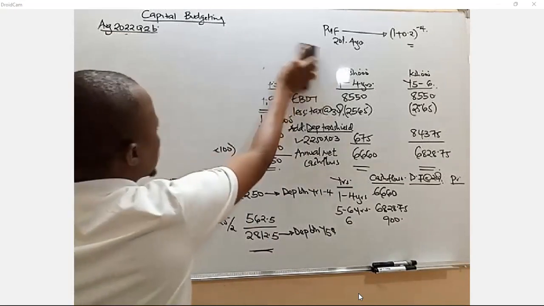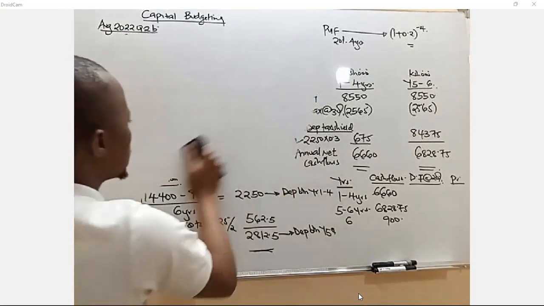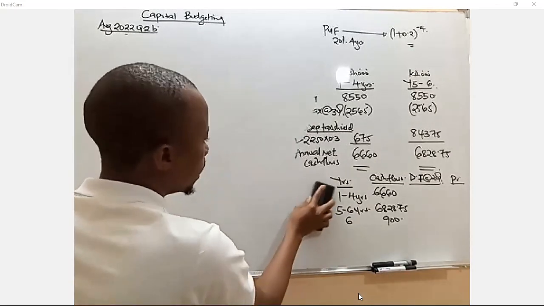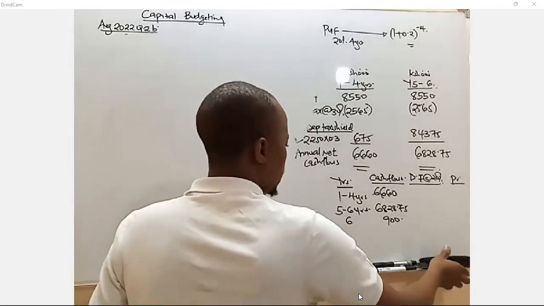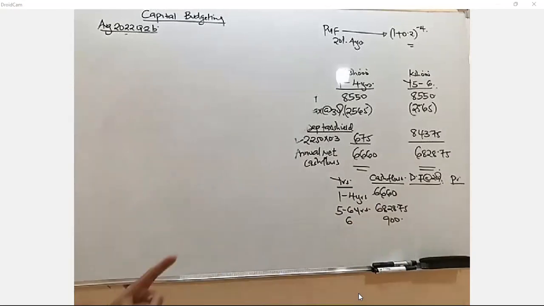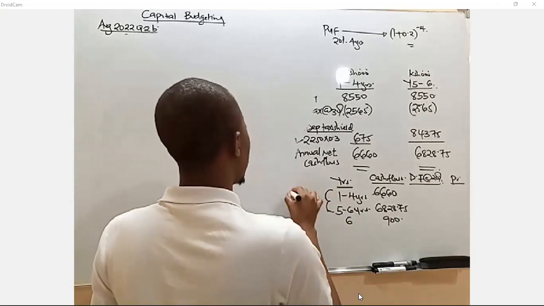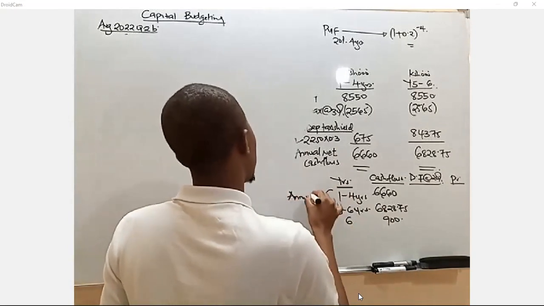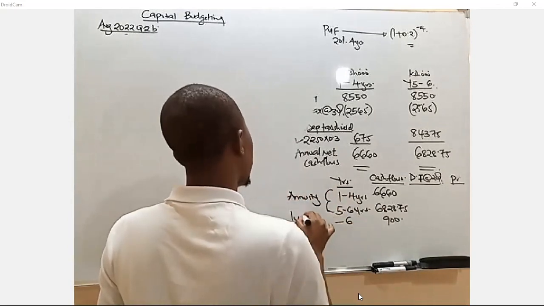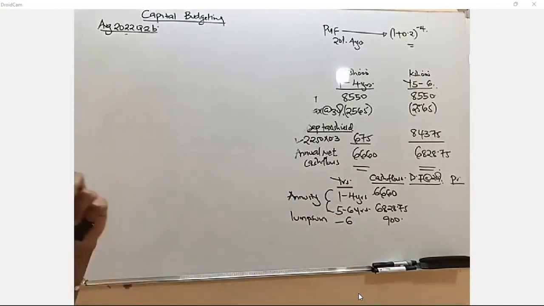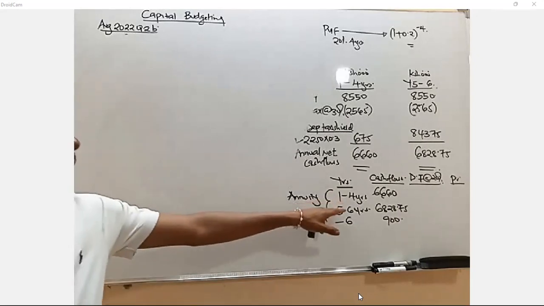When you are discussing 1 to 4, it means it is an annuity concept, which allows us to get the similar cash flows from year 1 to year 4. This is an annuity. Correct? Then this is our lump sum. Lump sum means this cash flow is going to be recognized only once in the entire life of the project.